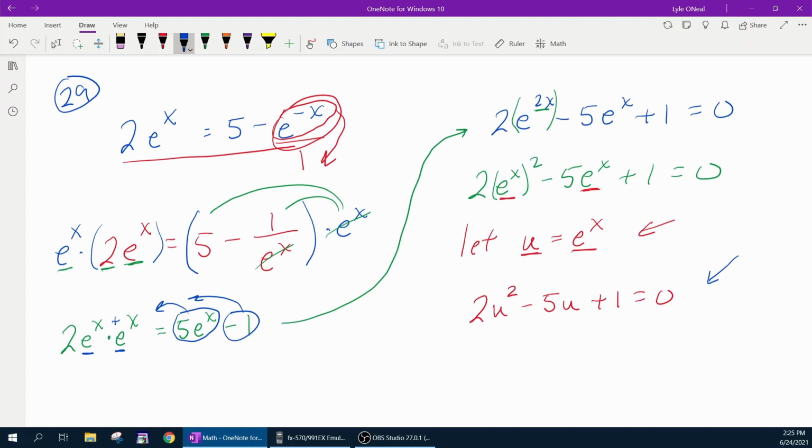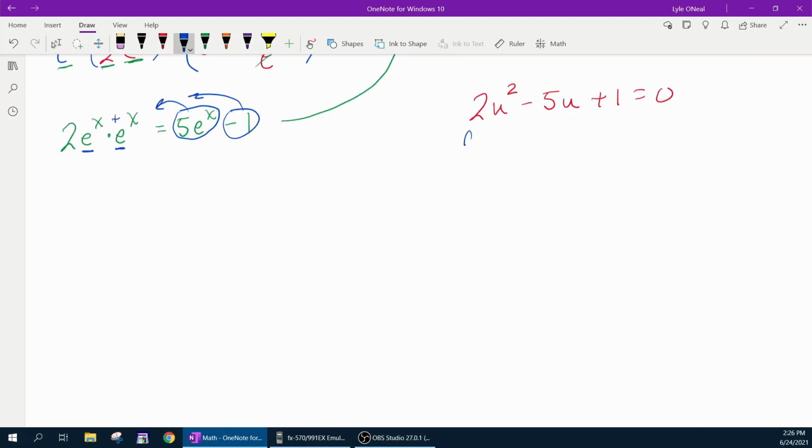Once I know what u is equal to, I can bring that back up here, and then I can solve for x. The ultimate goal is to find out what x is. So using a u substitution, we're going to solve for u, and then plug back in to find x.